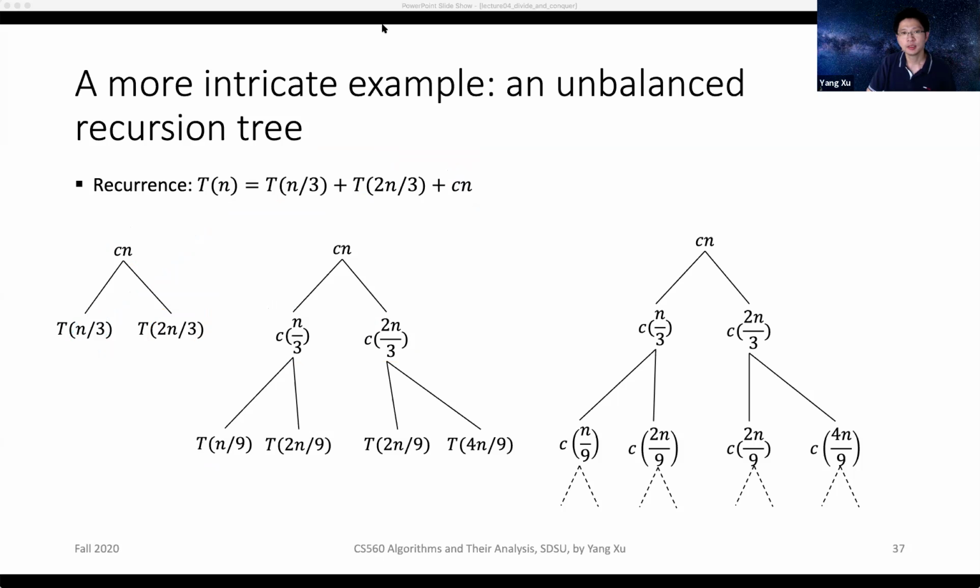Okay, so now let's consider the per level sum. We have to do the same thing to get an idea of what the total cost could be. And we notice that, interestingly, in this particular case, the sum for the first level is C times n, and it is also C times n for the next level, and actually for all levels, okay?